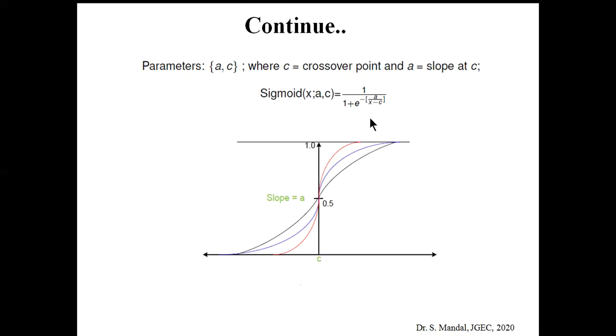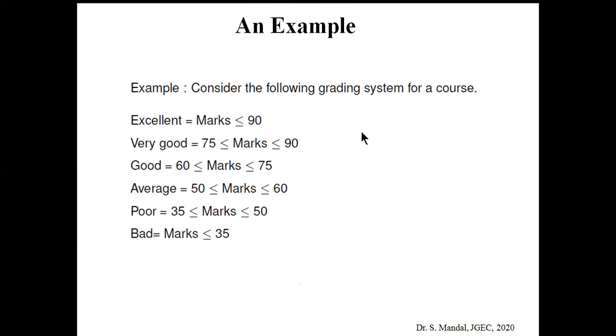So by controlling a and c, you can control the shape of the function. Apart from these four conventional membership function shapes, we can use other functions also, like step function or linear function or non-linear membership function for describing different memberships. So that depends on us.